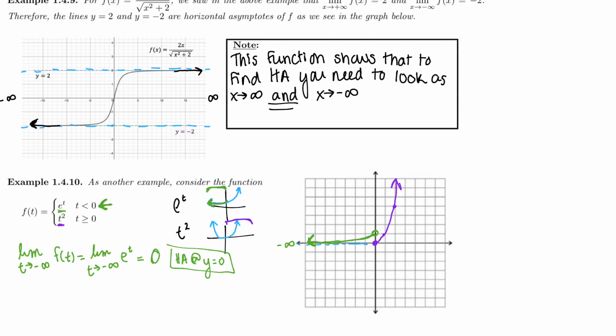On the other hand, if we look at the other direction, and we do the limit as t approaches positive infinity, those t values are greater than 0, so you're using the t squared part. And if we look here, what happens to those y values as we go off to positive infinity?